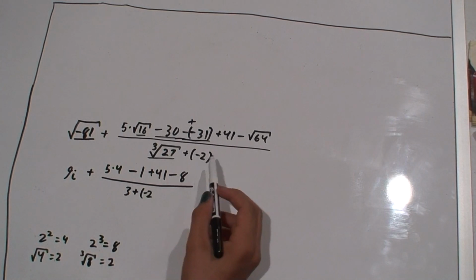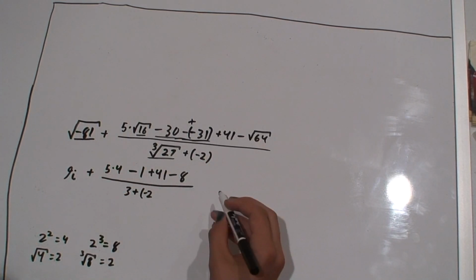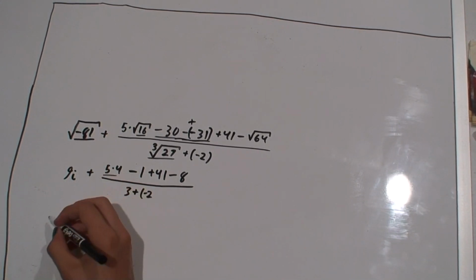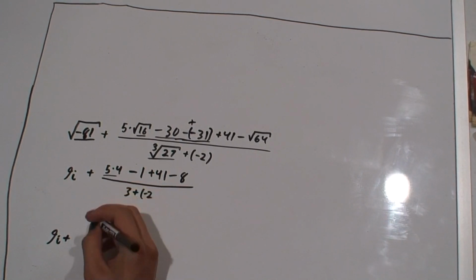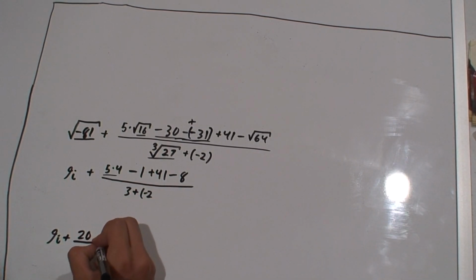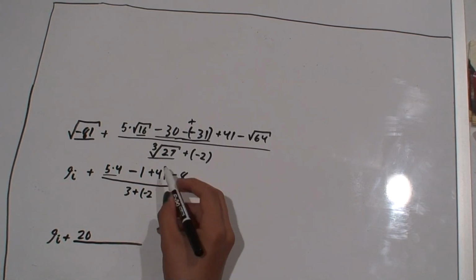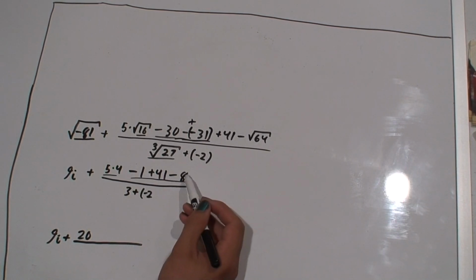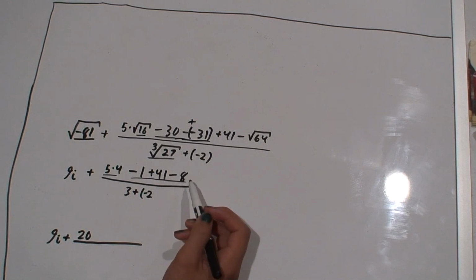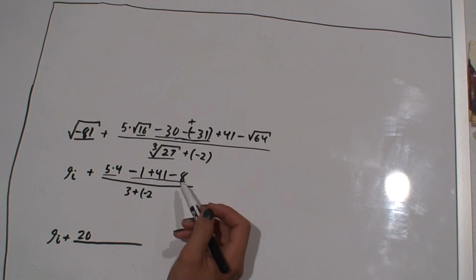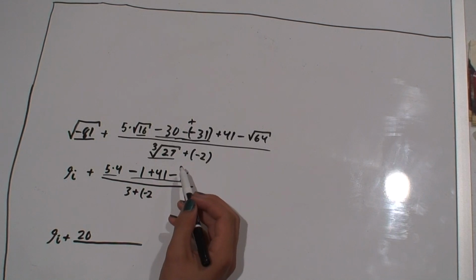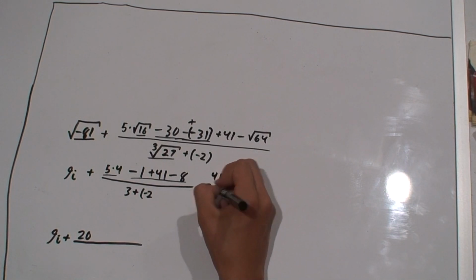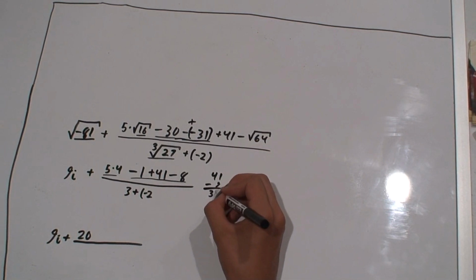So now we can take on this equation more. We have 9i plus 5 times 4 is 20 over, we can work through this quick, negative 1 plus negative 8 is negative 9, and plus 41, so we have 41 minus 9, that would be 32.